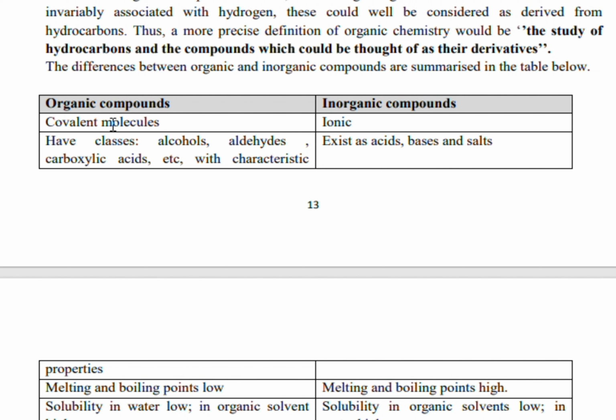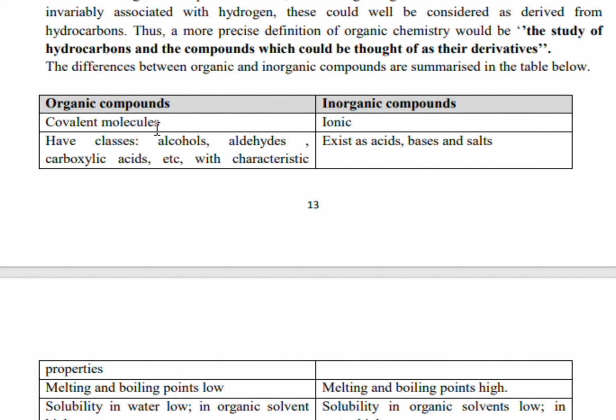For example, in terms of bonds, organic compounds have covalent bonds. They are covalent molecules. But in inorganic compounds, the bonds which are there are ionic.